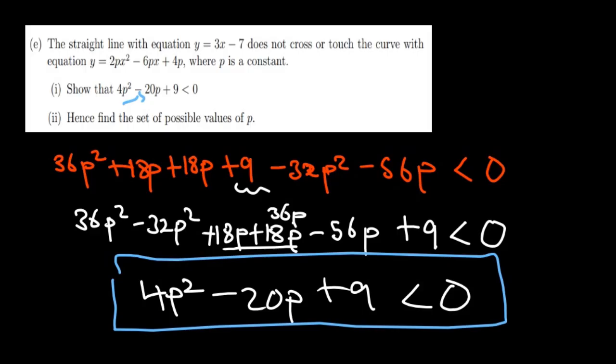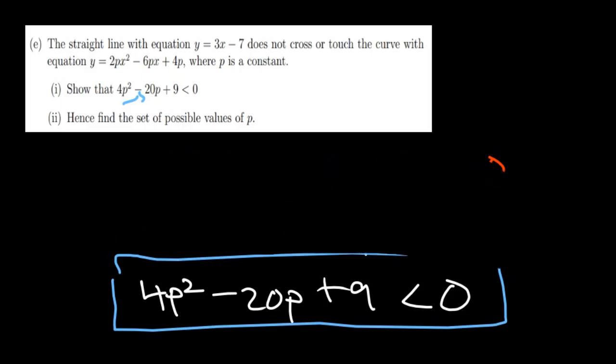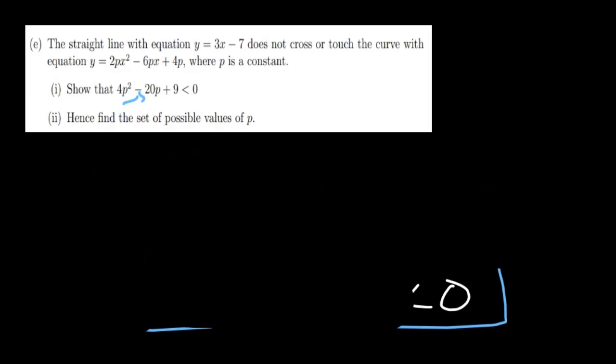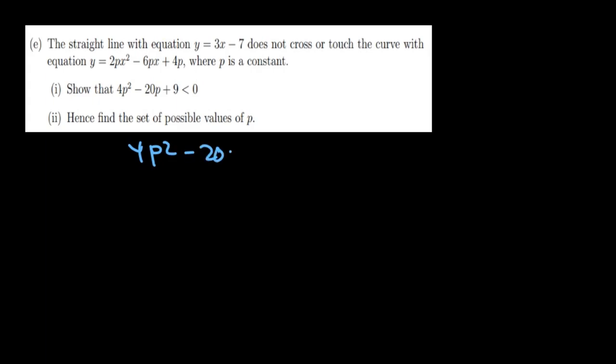Now we go to the second part, which says hence find the set of possible values for p. To find the range of the possible values for p, we just need to solve this quadratic inequality that we've found, 4p squared minus 20p plus 9 is less than 0. So how do we solve a quadratic inequality?